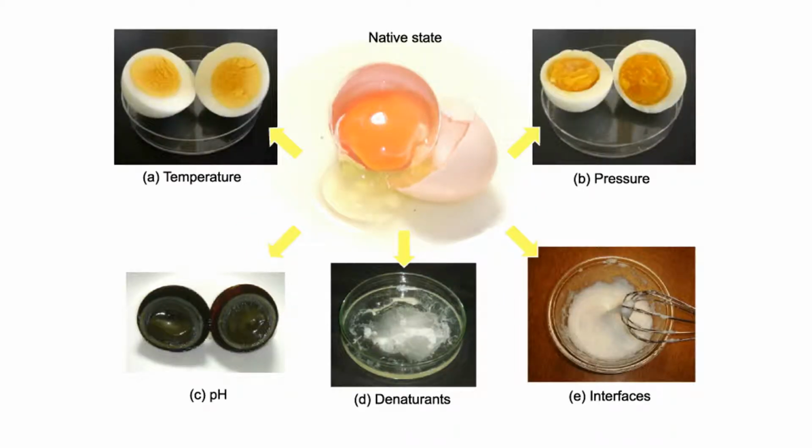Now, there are other ways to denature proteins. You can use temperature, so you can boil an egg and denature the proteins. You can use pressure. You can use pH. So think about it: we pickle food products all the time. We pickle vegetables. We pickle eggs. We pickle pig's feet.